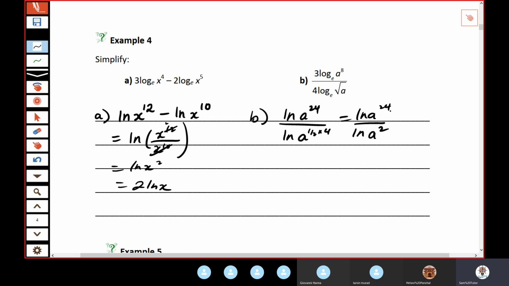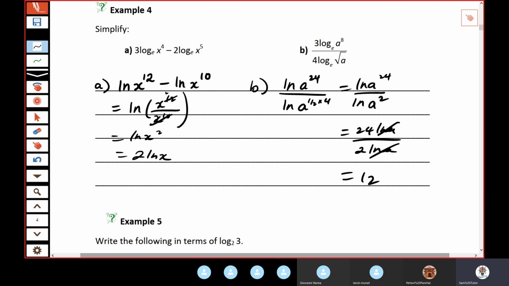So to simplify this, you're going to bring the powers down. 24 log A on 2 log A. Your log A's cancel. 24 divided by 2 is 12. Any questions?